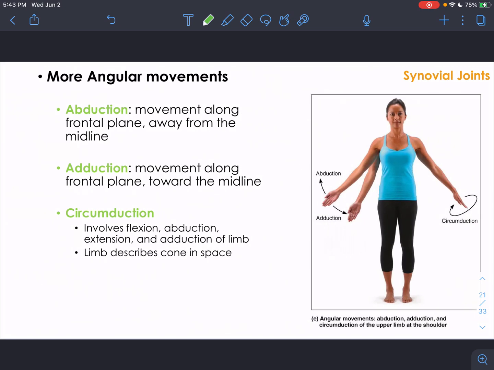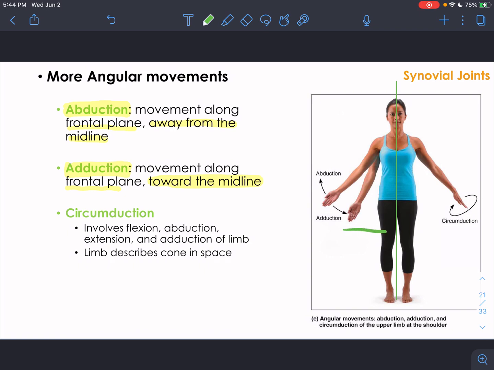We also have additional angular movements. So we have abduction, which is a movement now in the frontal plane, away from the midline. Adduction, again, frontal plane, moving towards the midline. So, again, the midline of your body is the line that goes directly through the center.